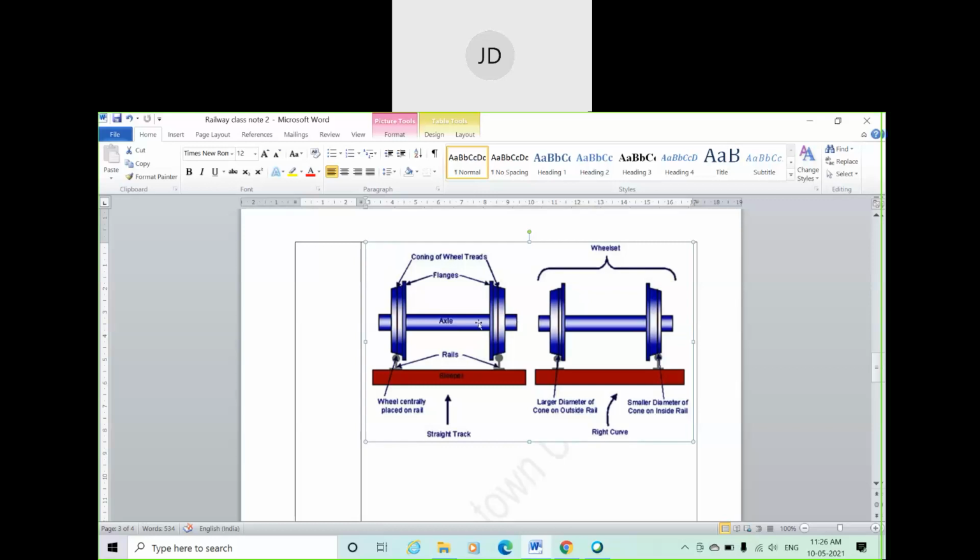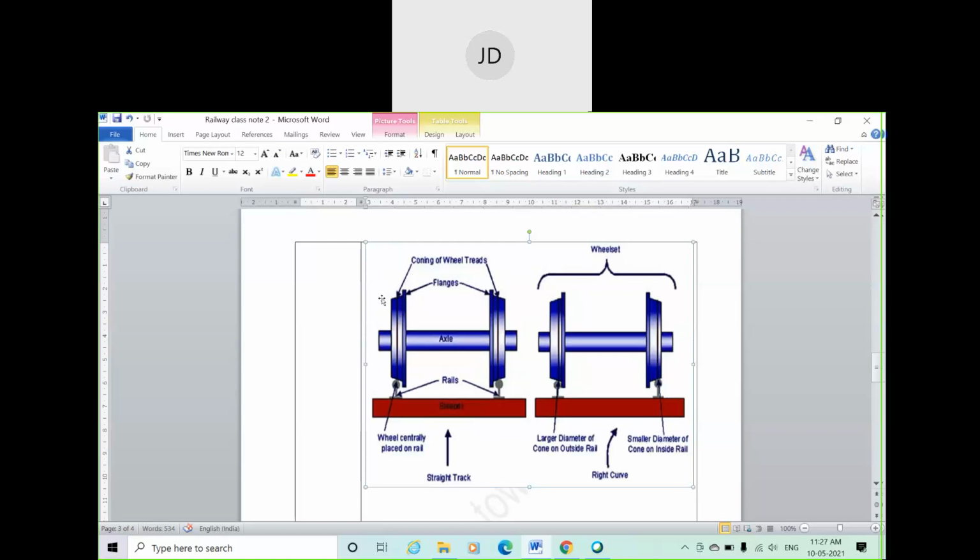This is a wheel. This is the axle. The axle is used to connect the two wheels. If you look closely at the wheel, you can see the shape of the wheel is not circular or plane.